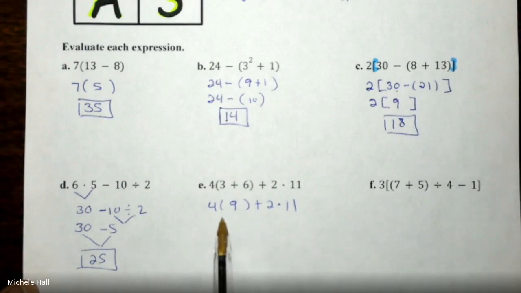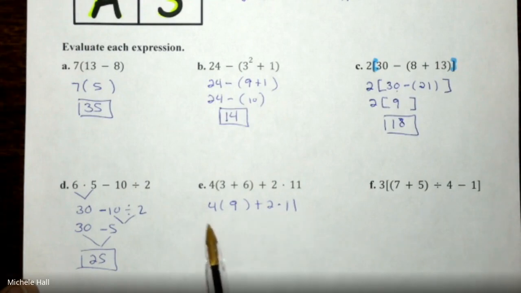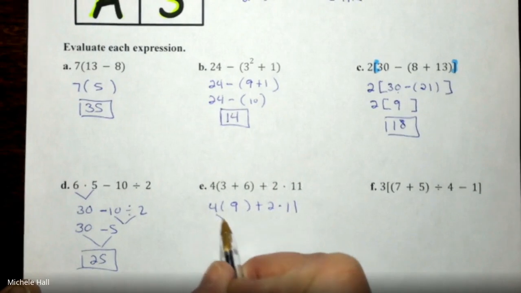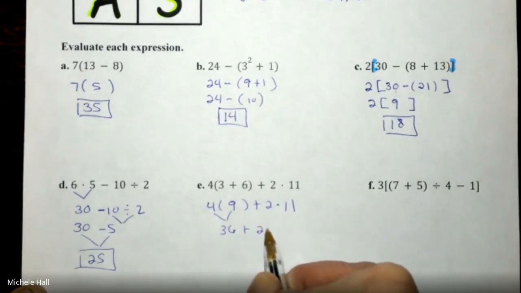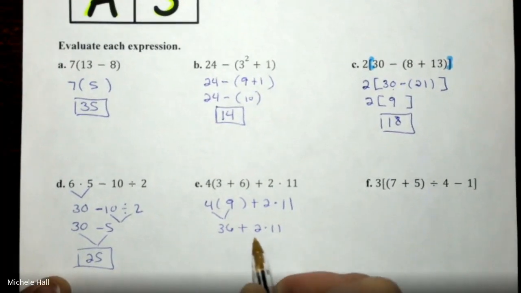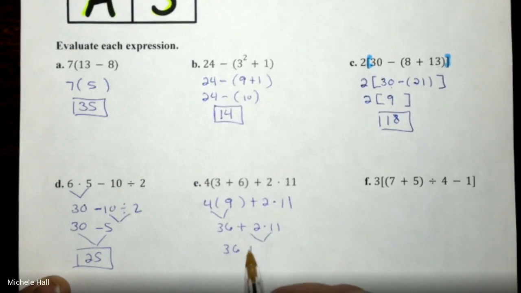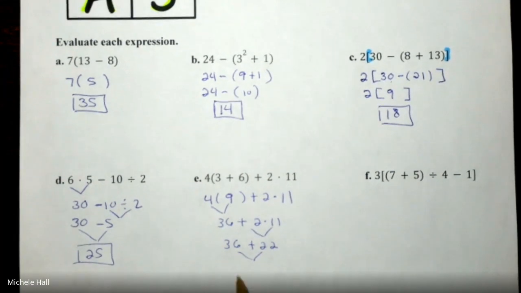Yes, I see 2 multiplying, 4 times 9 and 2 times 11, and I work from left to right. 4 times 9 is 36. I'm ready to move on to 2 times 11. 2 times 11 is a positive 22. Finally, I have 36 plus 22, which is going to be 58.